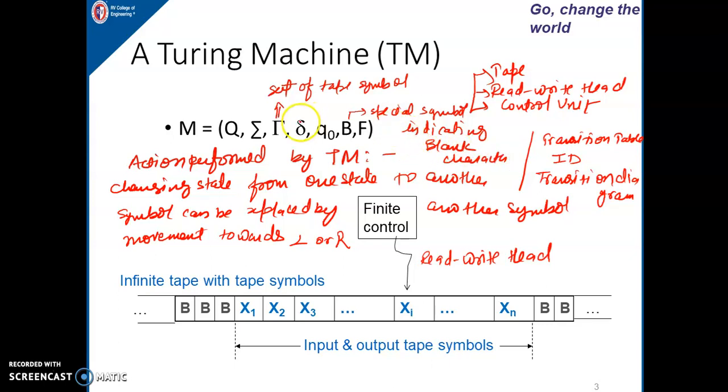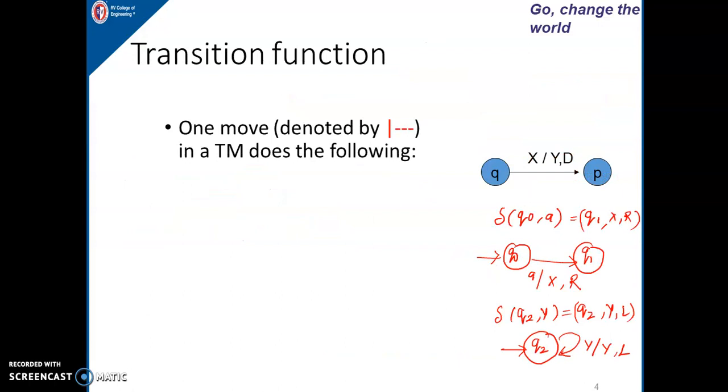And the delta function is very important. Delta will be a transition from Q times the tape symbols to Q times the tape symbols times left or right.